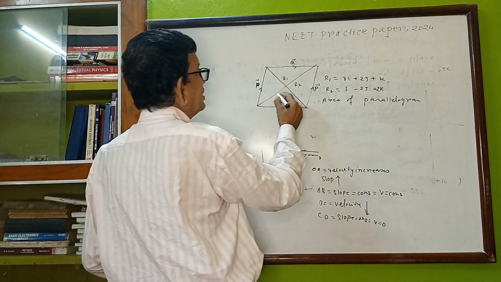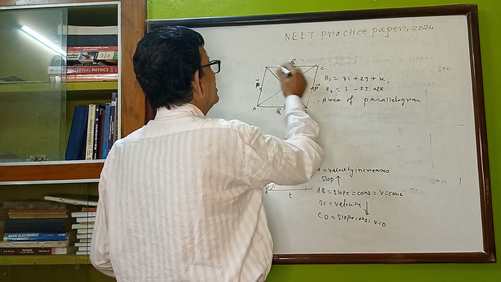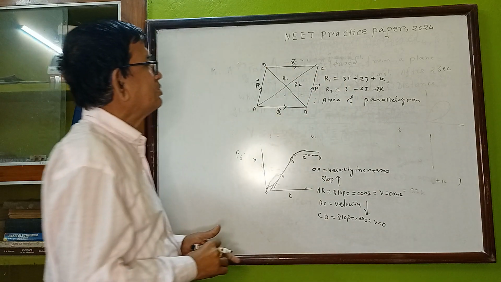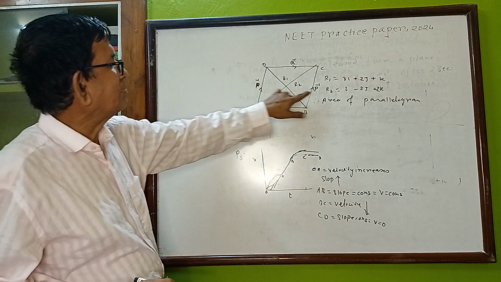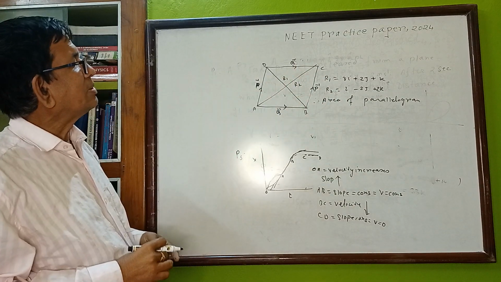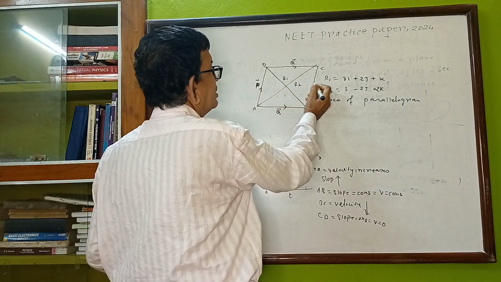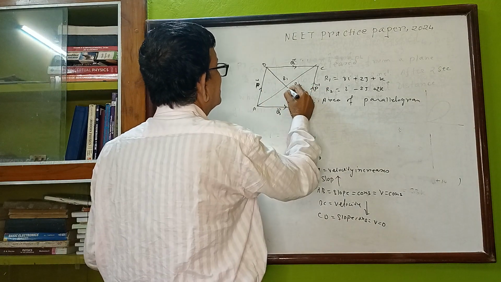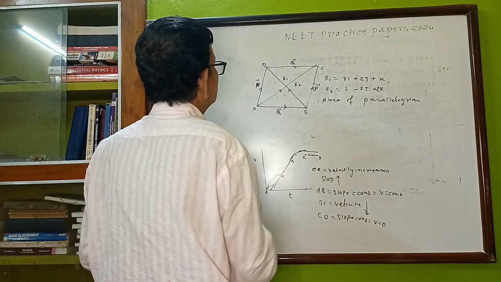Now you have A, B, C, D. The parallelogram's diagonals are given in vector form, and you take the sides as P and Q. Then from the triangle law, you can easily tell. Suppose this is R1.